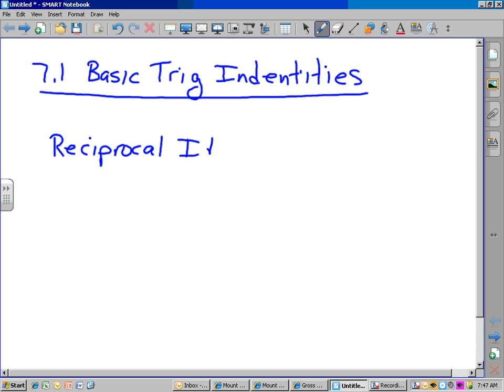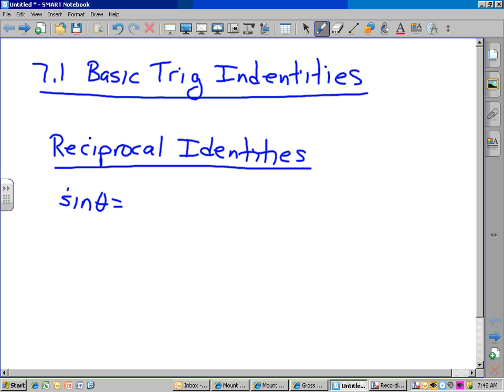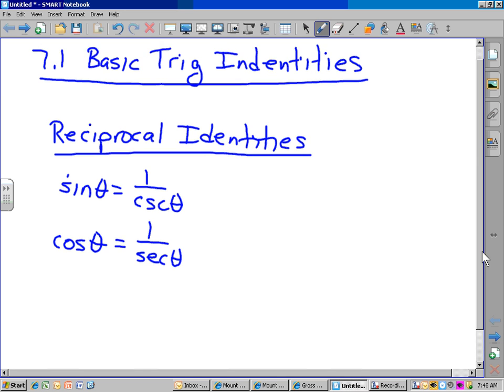Reciprocal identities. I think you know, you just don't realize it yet. What's the reciprocal of sine? Cosine. Right. Tangent.